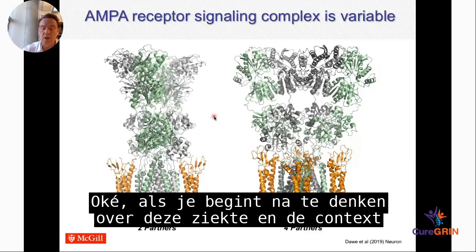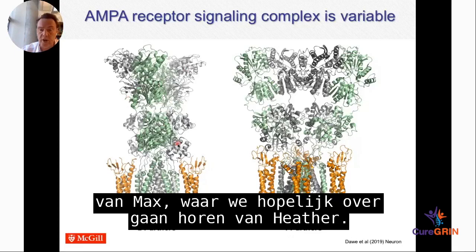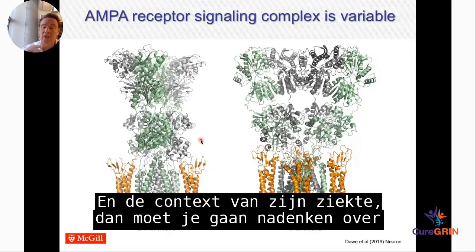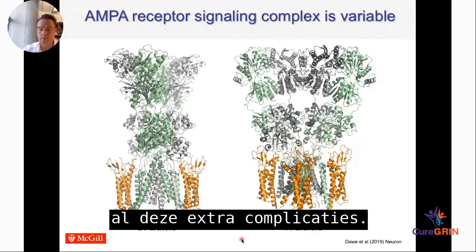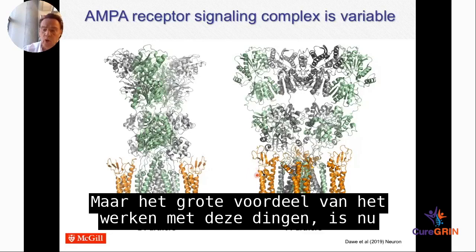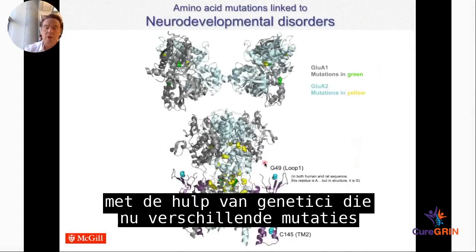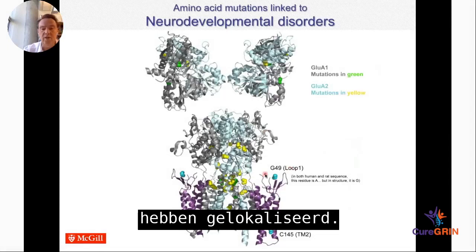When you're starting to think about this disease and in the context of Max, which hopefully you're going to hear about from Heather, in the context of his disease, then you have to start to think about all these extra levels of complication. But the great advantage of working these things out is now, with the help of geneticists who have been pinpointing different mutations.